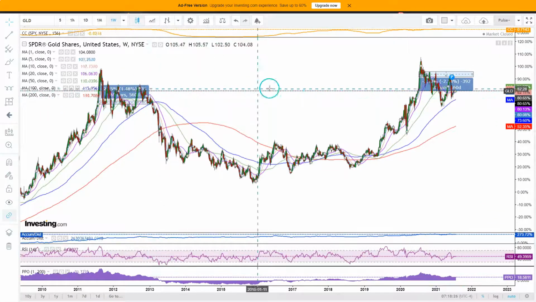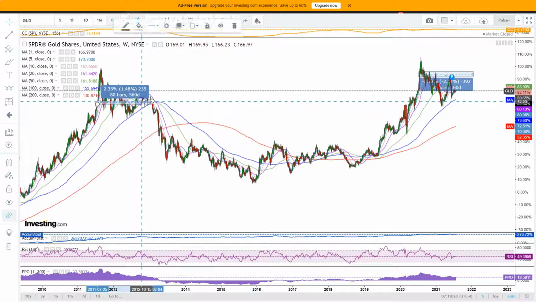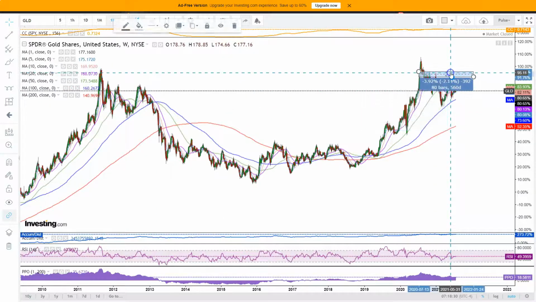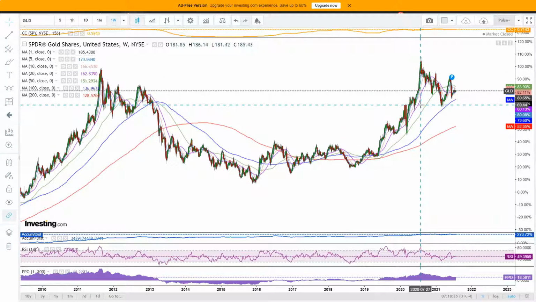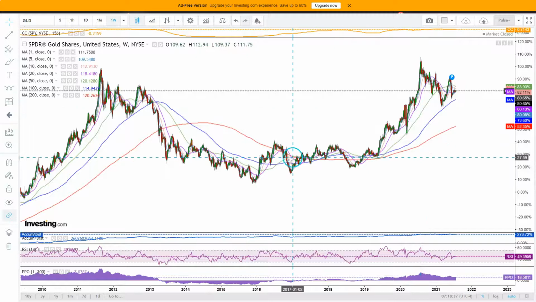So that is a possible projection, but it means that this handle is approaching its later phases.